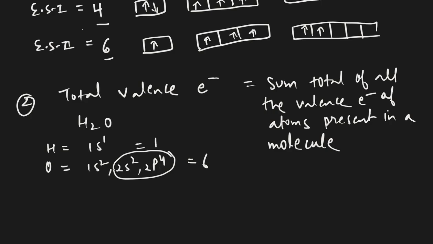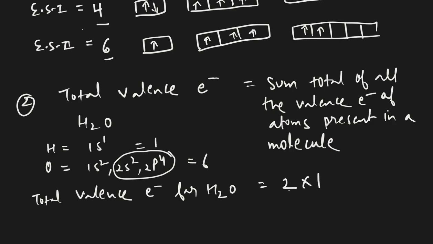So the total valence electron for water will be 2 into 1, where 2 means 2 hydrogens and 1 means one electron for each hydrogen, plus 6 for oxygen, that is total 8.